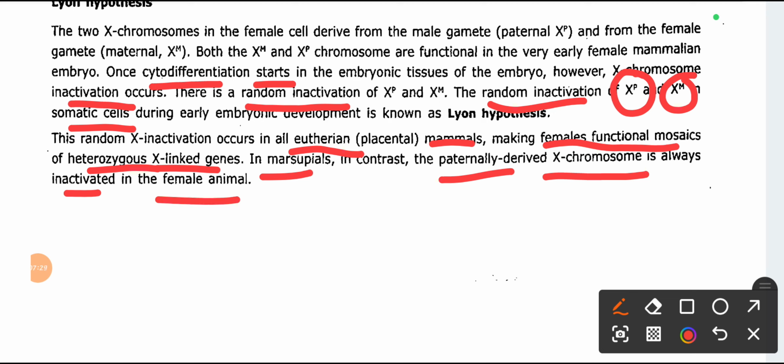So it depends upon the organism. In eutherian or placental mammals, there is a mosaic formation: somewhere the paternal X is inactivated, somewhere the maternal X is inactivated. In marsupials, the paternal X chromosome is always inactivated.